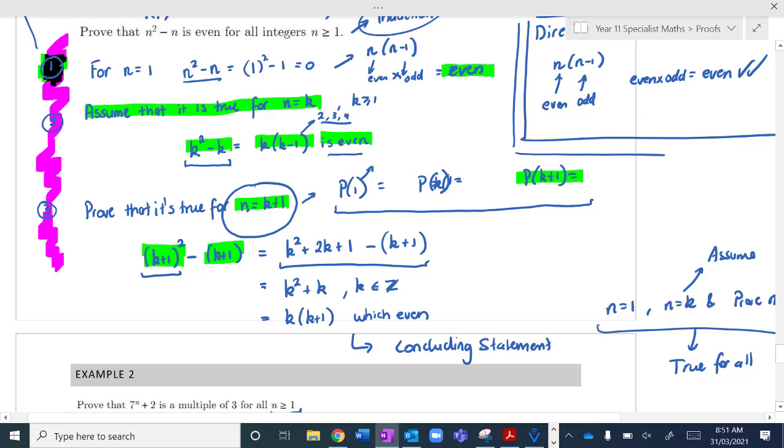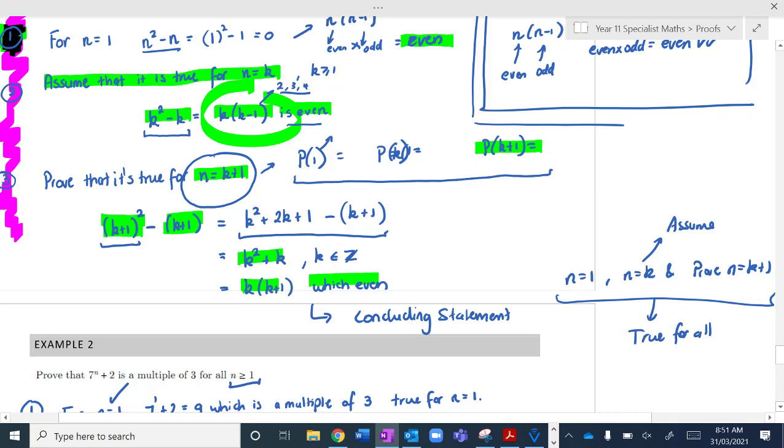Sometimes you need to use this fact later. But you can see here that when I expand this out, I'm going to get k squared plus k. We can just simply factorize that. This is also even.